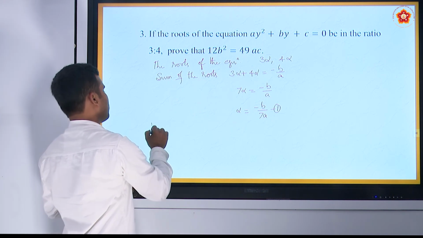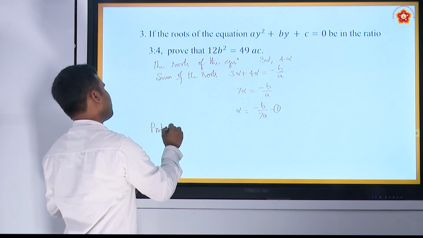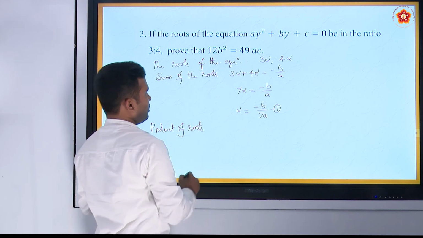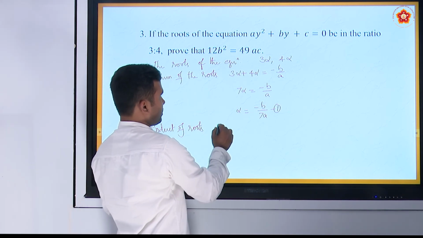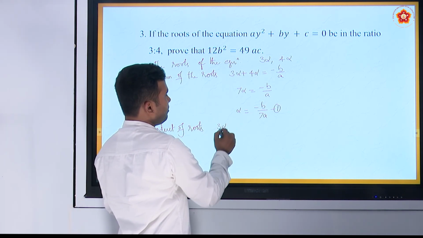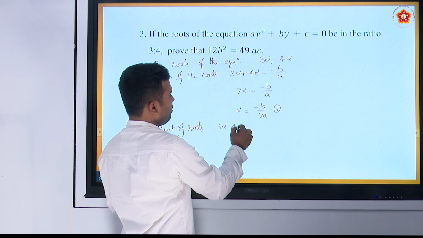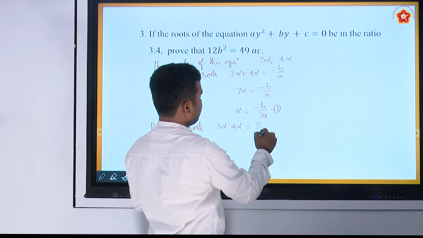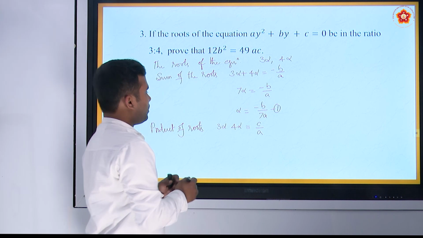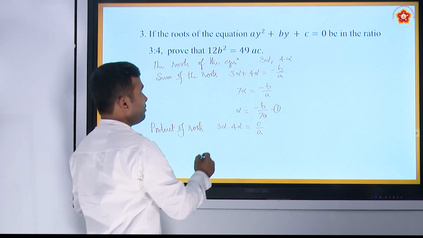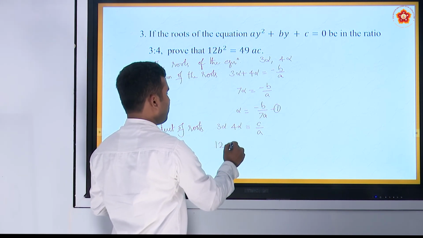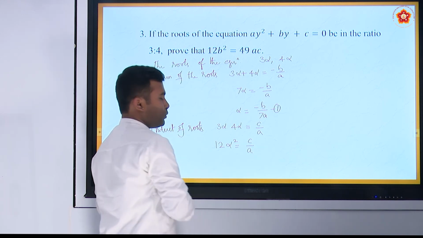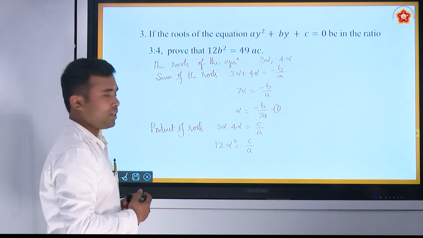Similarly, the product of roots. Product of roots is 3 alpha into 4 alpha is equal to c by a. Okay. So what is 3 alpha into 4 alpha? 12 alpha square is equal to c by a. So you look at equation 1, we have alpha.